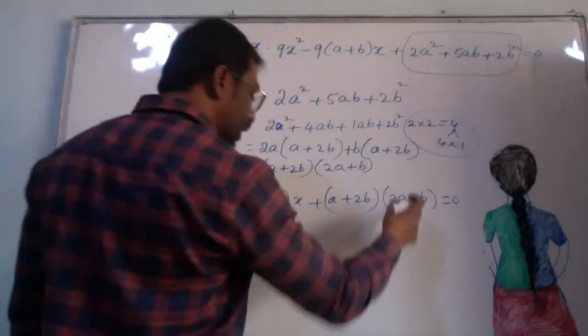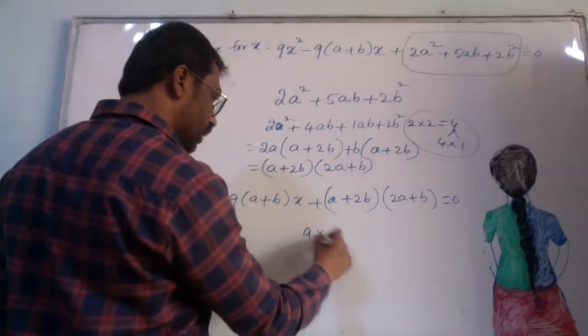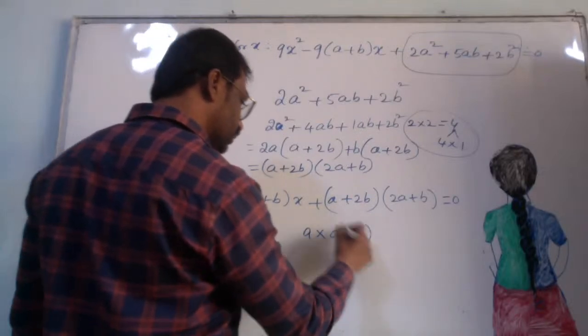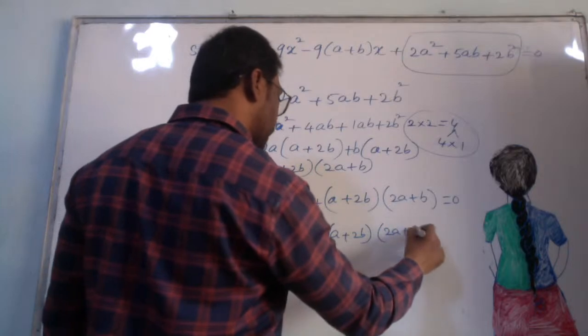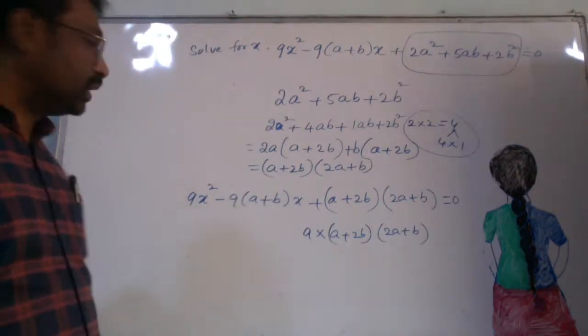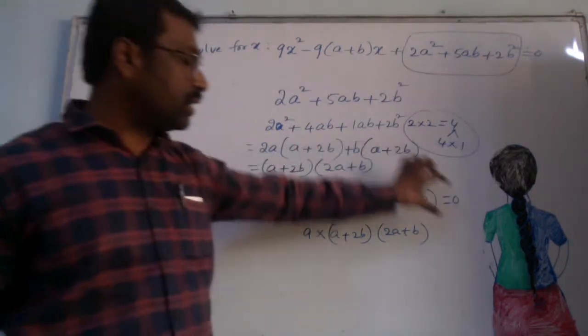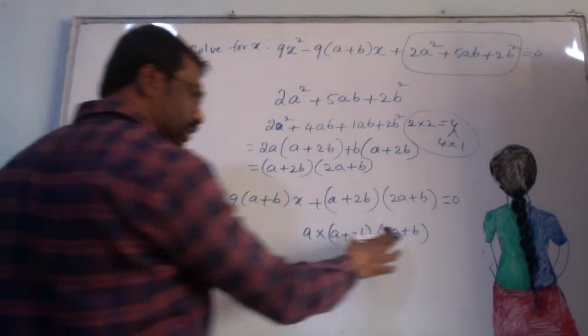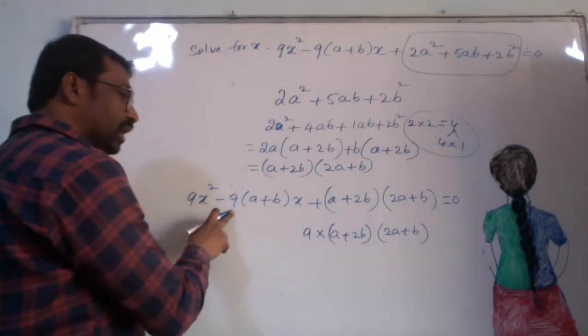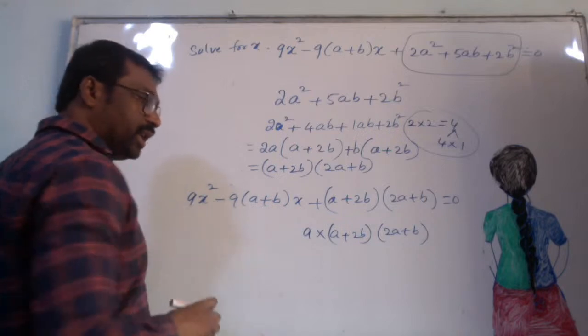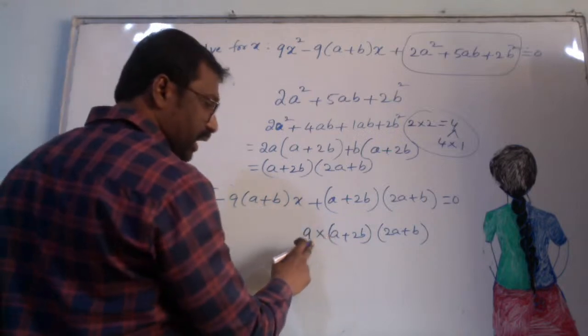Again, if you are using the splitting middle term concept, the x square coefficient and the constant term are multiplied. The sum of these factors should be 9 times (a plus b). Here 9 is there.